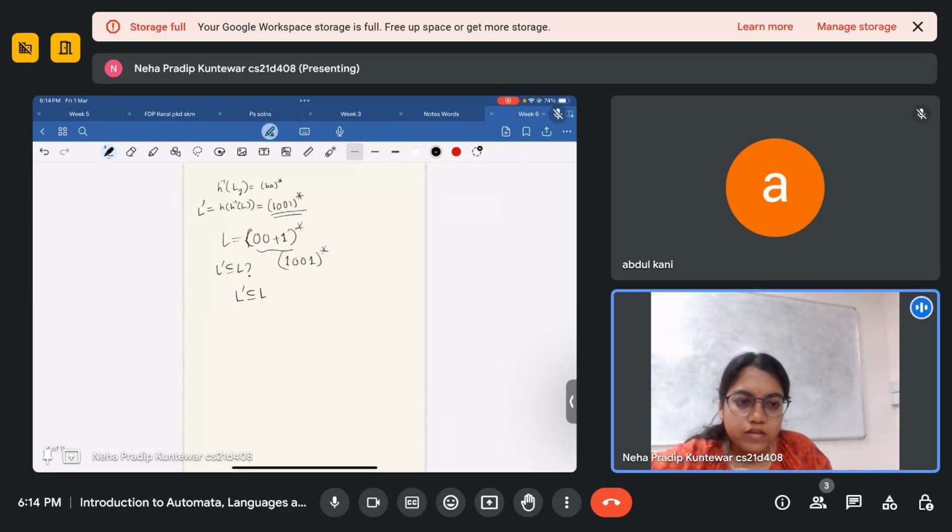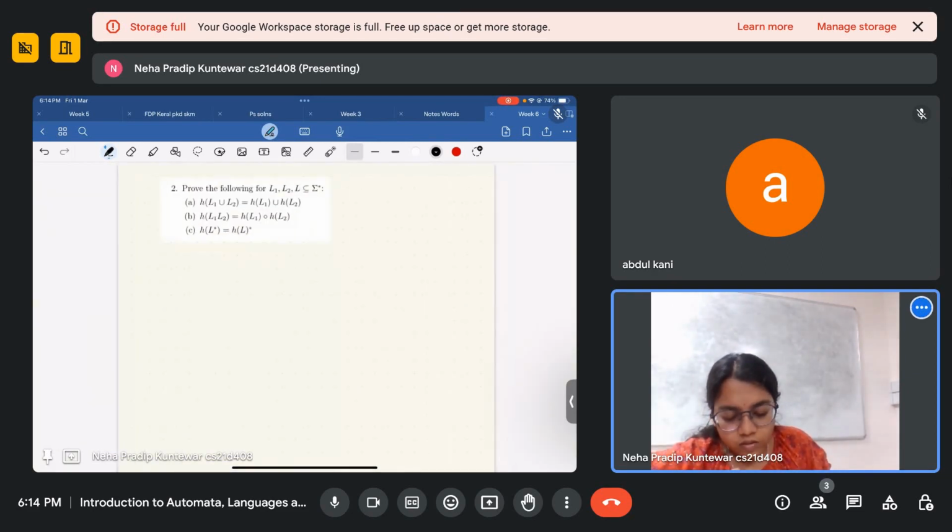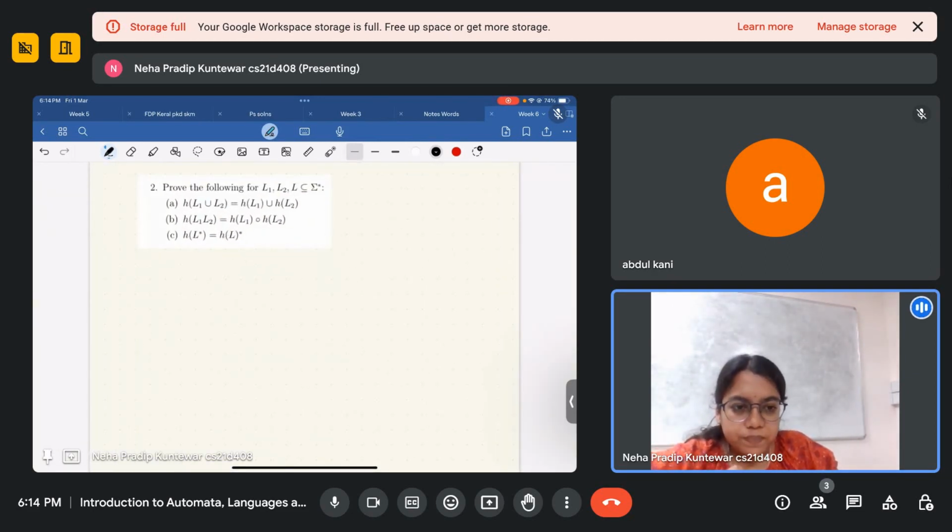Now let's look at some properties of homomorphisms. We know that languages are closed under homomorphism. So let's look at further properties of how homomorphism can be used.